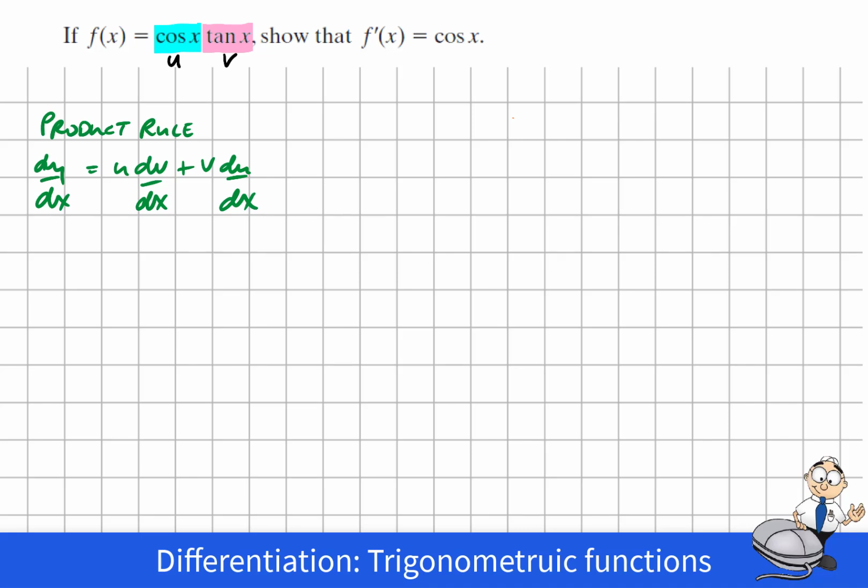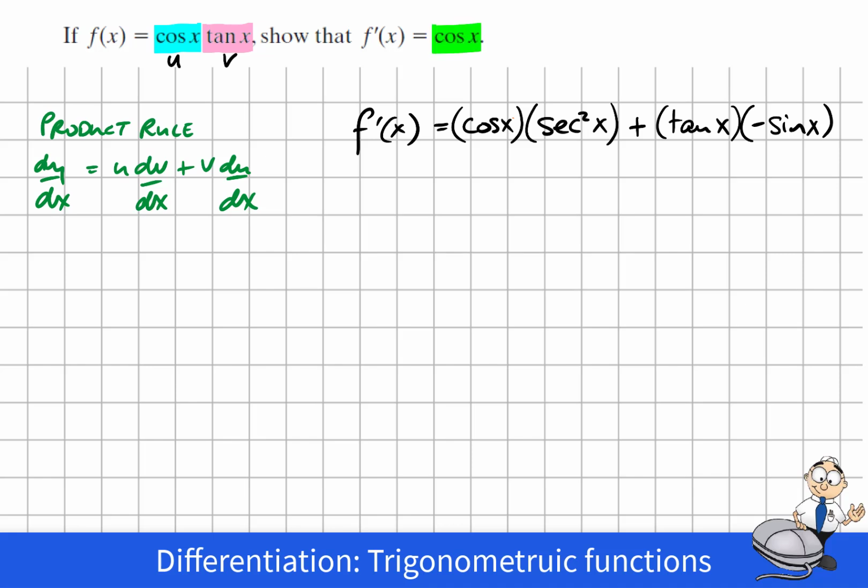So applying this, the derivative f dash of x is equal to u, which is cosine x, multiplied by dv dx, the derivative of tan x, which is sec squared x, plus v, which is tan x, times du dx, the derivative of cos x, which is negative sine x. So this is our solution. This is the derivative. However, we've been asked to show that this is equal to cosine x.